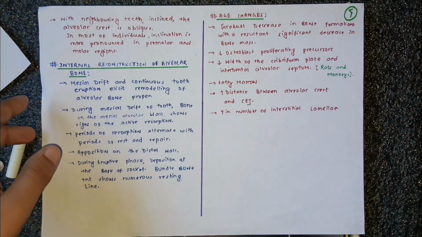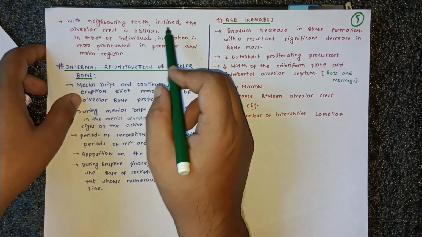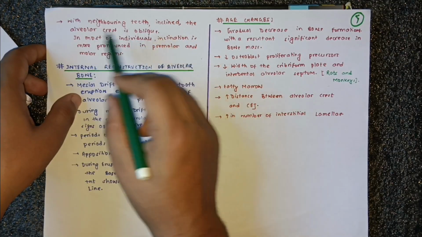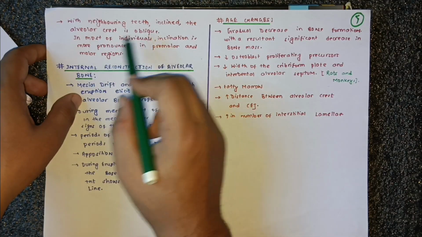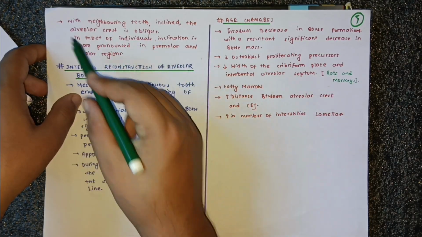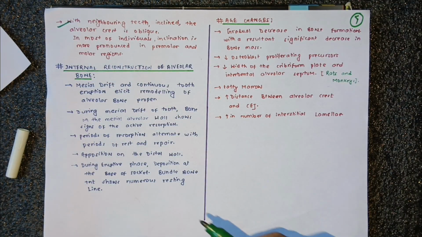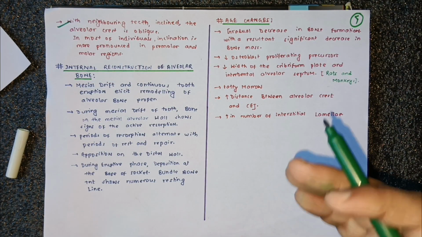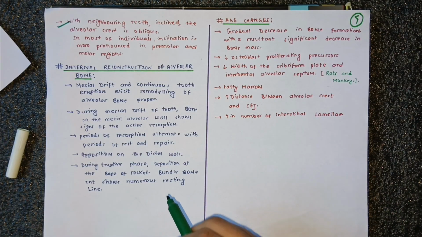After that, with the neighboring teeth, if they are inclined, then the alveolar crest is oblique. In most individuals, the inclination is more pronounced in the premolar and molar region. As I have written in the second point, adjacent teeth determine the shape and outline of the crest of the alveolar septa.